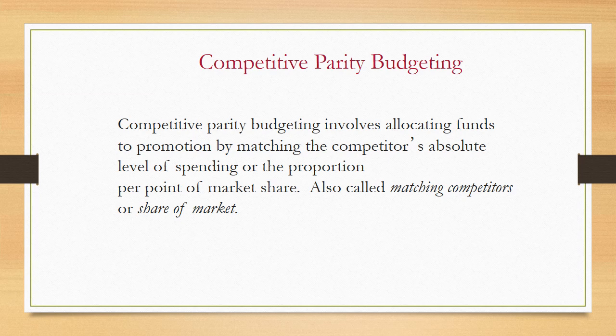But it may turn out that the adoption of my brand may be further or not as far down the process compared to the competitors. So I may not have the same goals and objectives, and if I don't have the same goals and objectives, I probably shouldn't have the same budget.